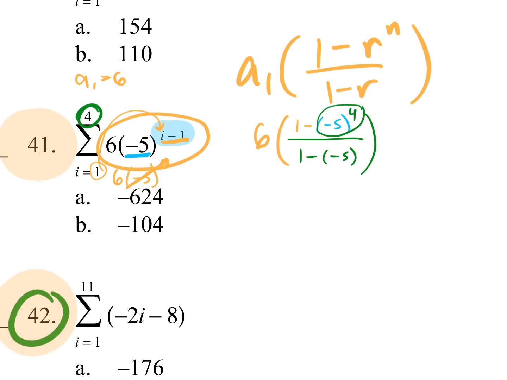Negative 5 to the 4th power would be what? 125. That would be the 3rd power. I think it should be 625, yeah. So positive 625. And 1 minus 625. 1 minus 625?